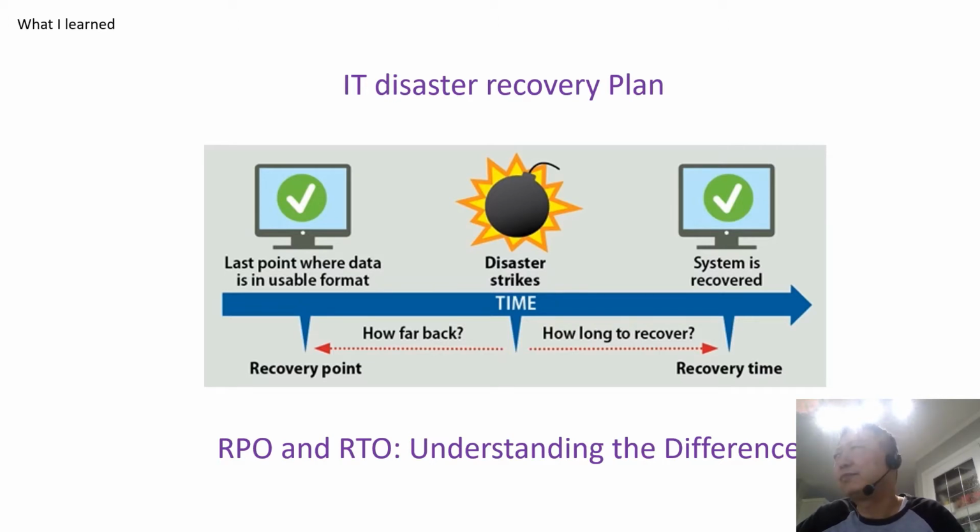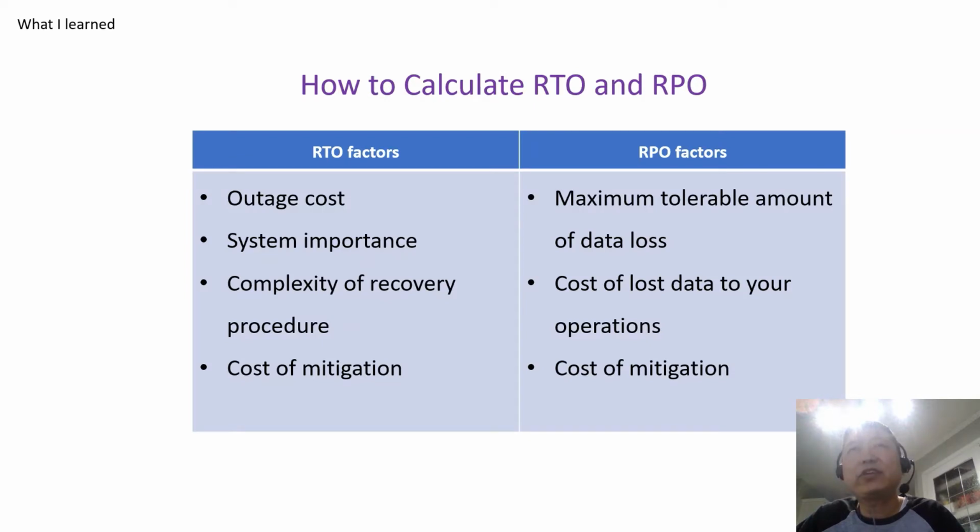Next, how to calculate RTO and RPO. This table is showing RTO factors and RPO factors. Nobody can predict a disaster. However, we could act organized if we created the best IT disaster recovery plan.